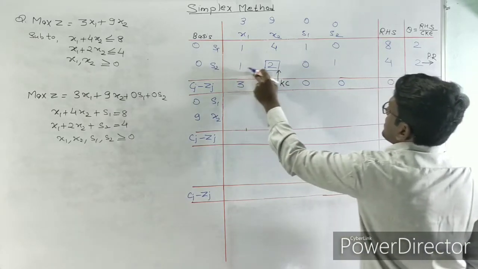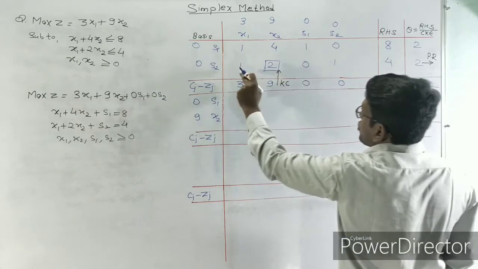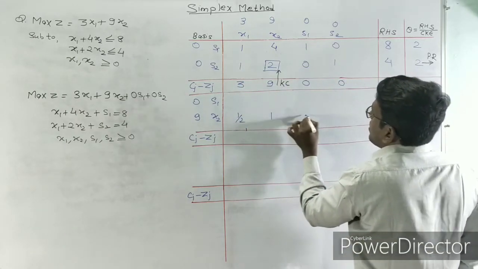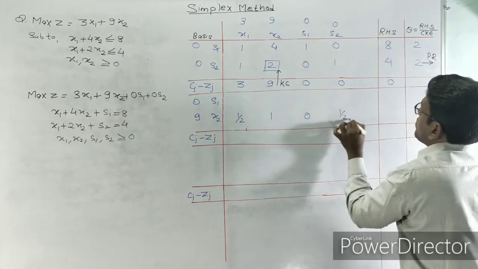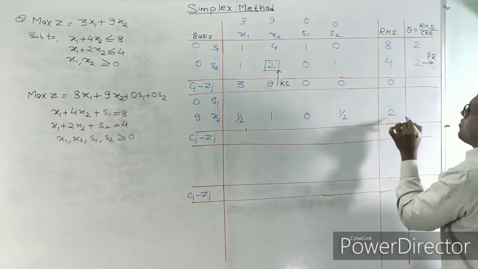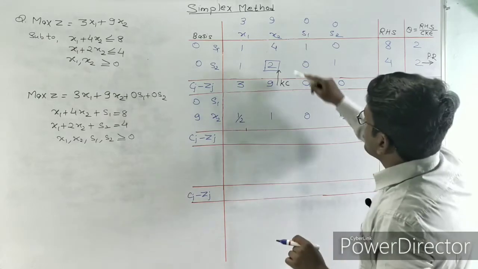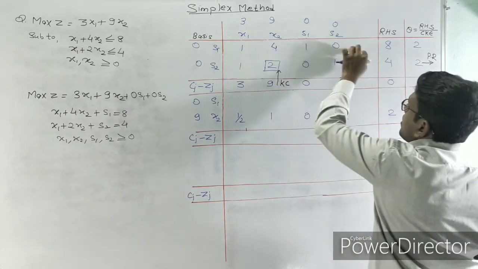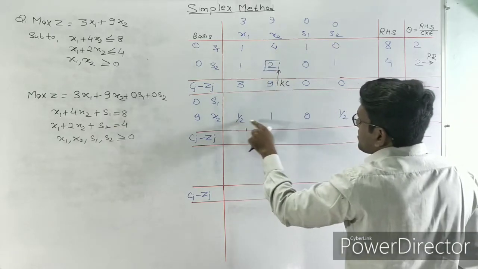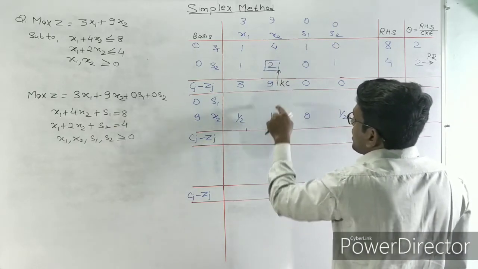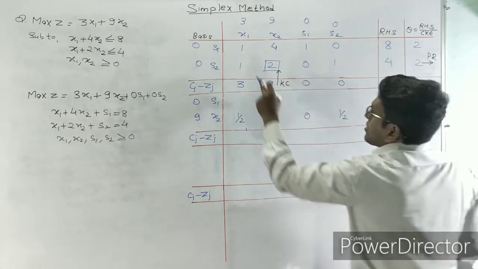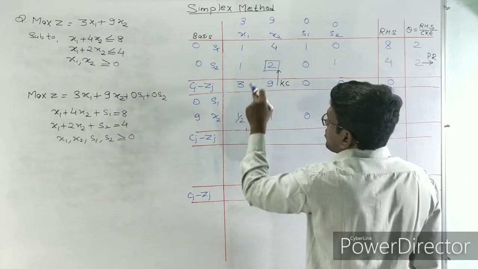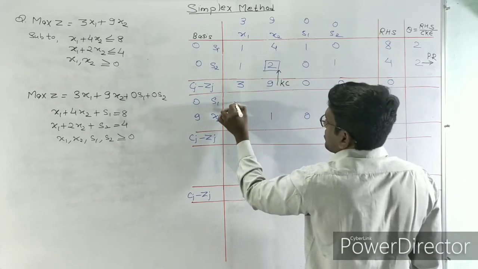So I'll be dividing this equation, that means row 2 by 2. I'll be getting 1 by 2, 1, 0, 1 by 2 and 2. Similarly, to make this as 0, I'll do row 1 minus 4 times the new row 2, so that this will be 0. So this minus 4 times this will be 2, 1 minus 2 is minus 1.